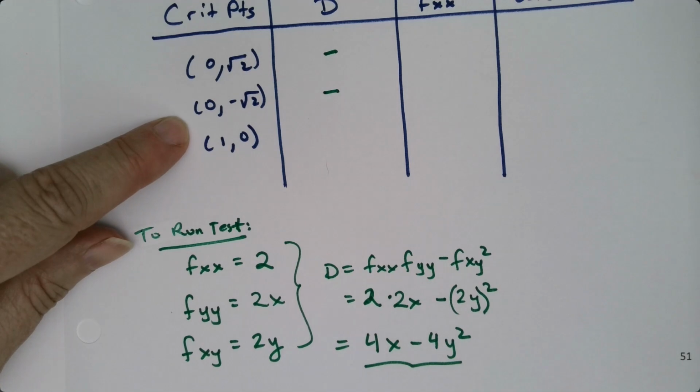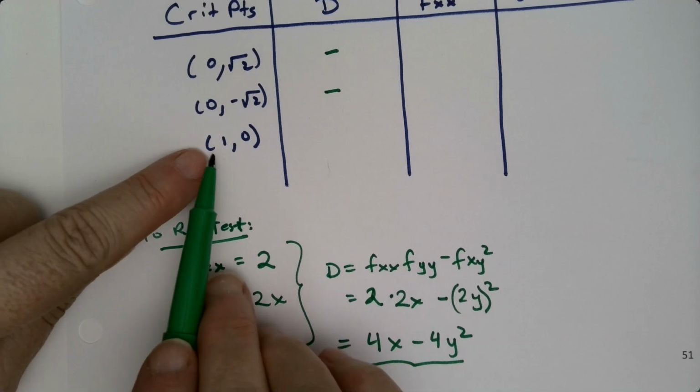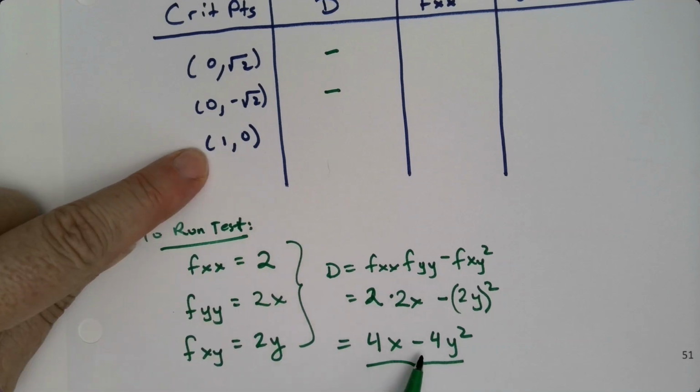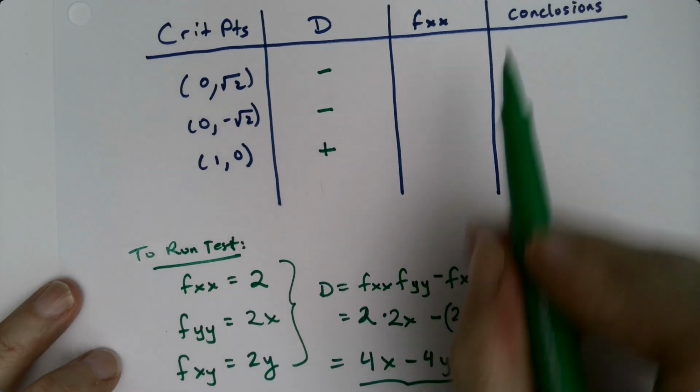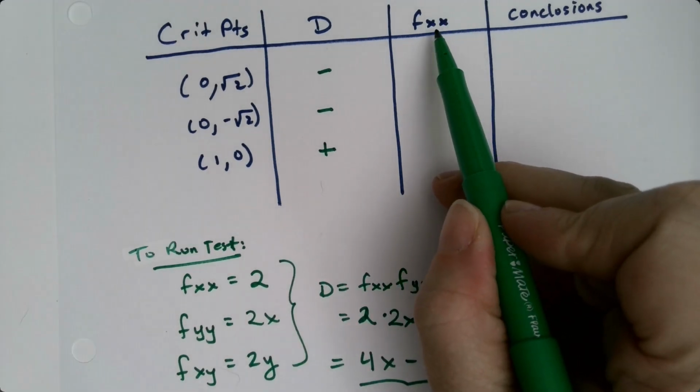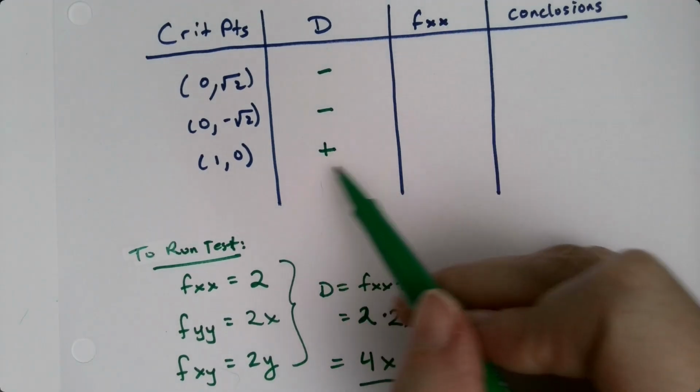Again, I don't need the number. I can just tell, right? 4 times 0 is 0. 0 take away 4 times something positive will be negative. Now if I put 1 in for x, right, and 0 in for y, that'll be 4, right? That's a positive number.